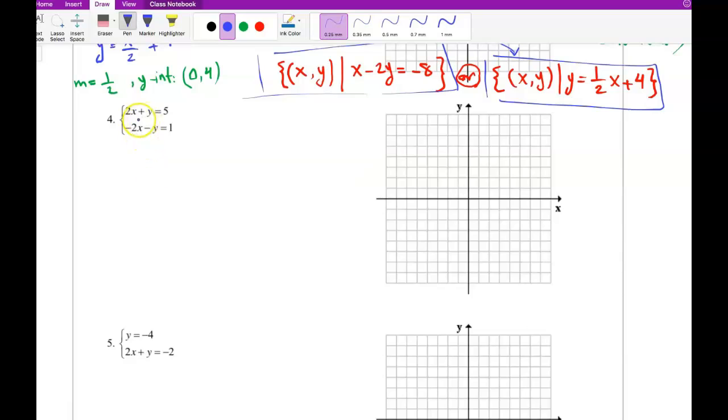Now number 4, here again we have two equations and graphing each one. First we should solve for y. Here on the first part, subtract 2y from both sides, so y is equal to negative 2x plus 5.